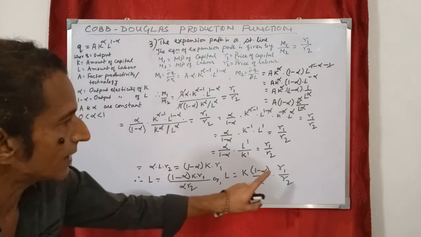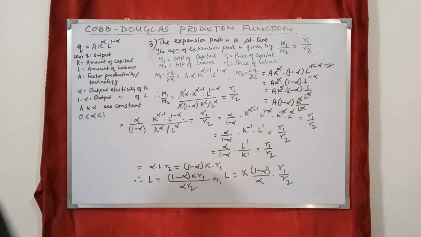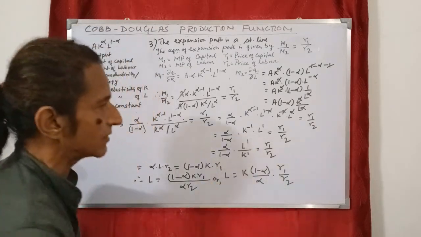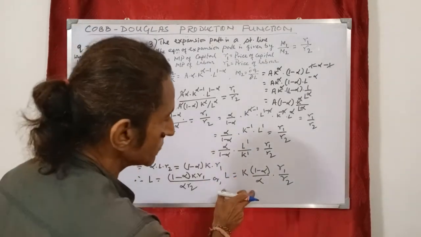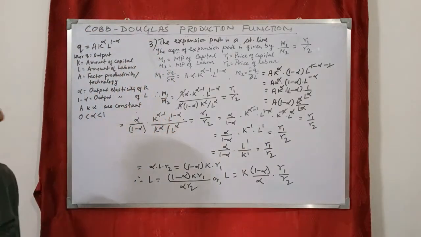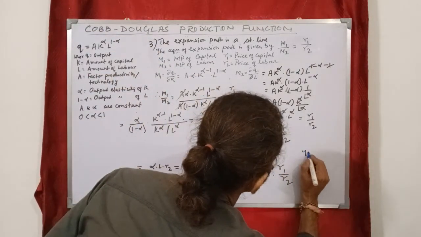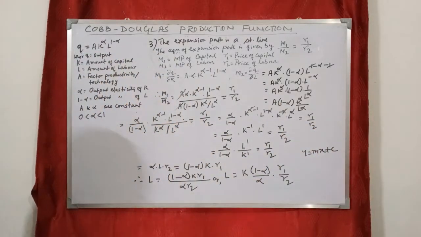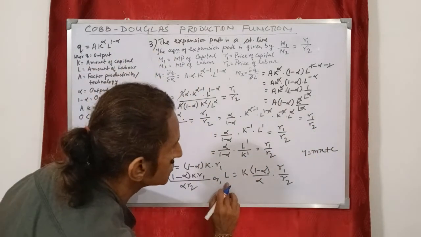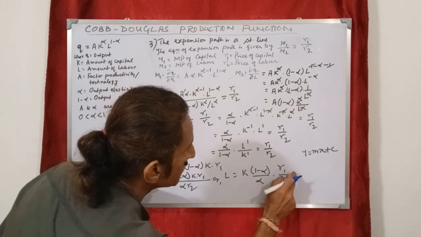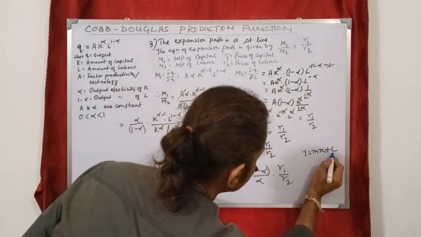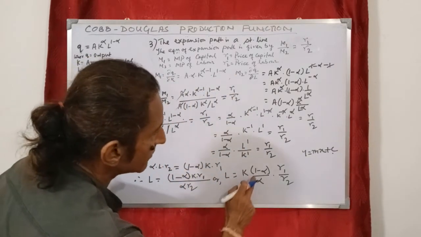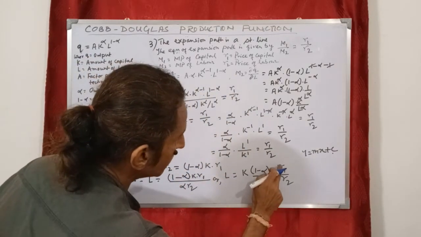Now this is a straight line. This equation is an equation of straight line. Why? If you compare this with the standard equation of straight line, that is y equals to mx plus c, here L equals to K into this plus 0. That means in this function L equals to K into 1 minus alpha by alpha into R1 by R2.